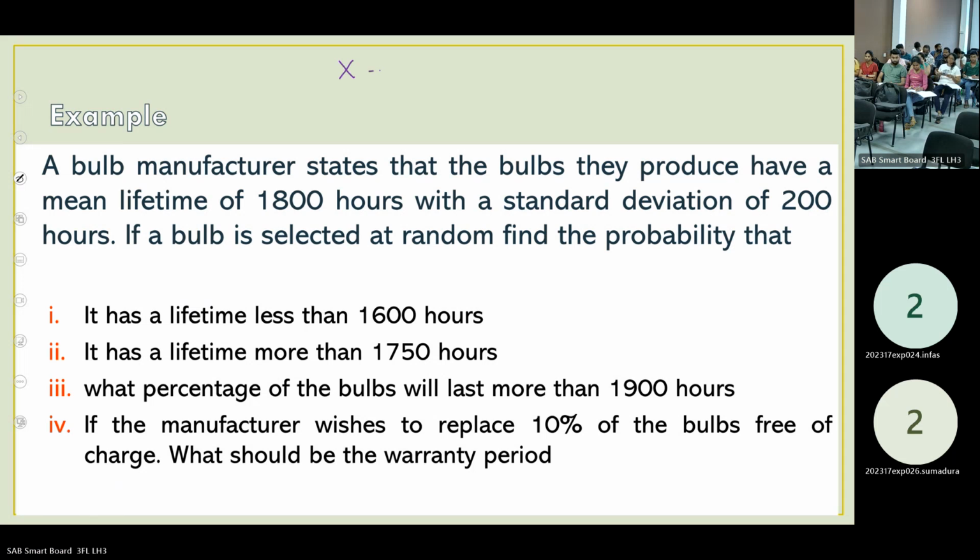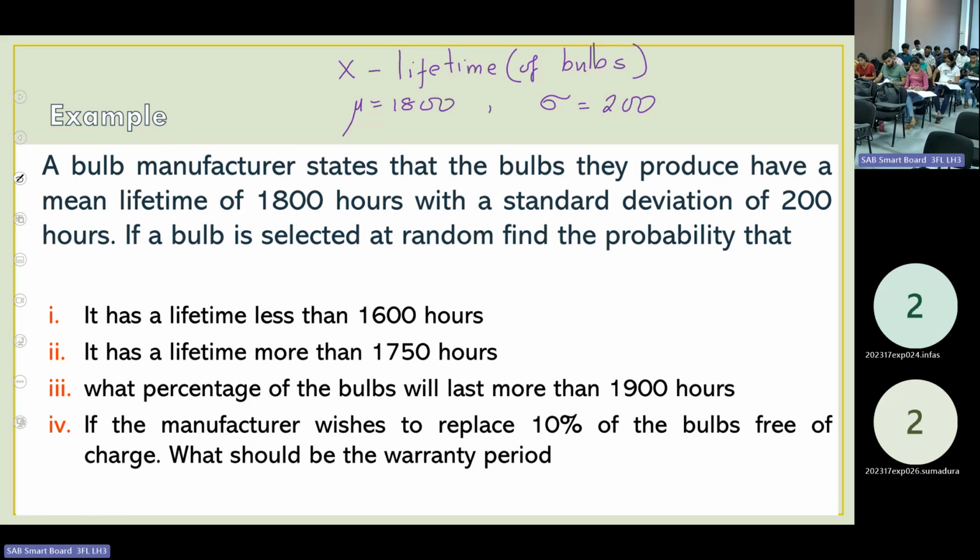X is the lifetime of bulbs. Mean given 1,800. Standard deviation given 200.